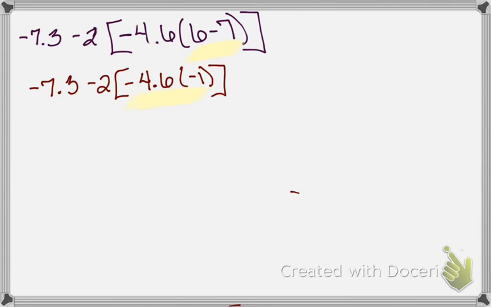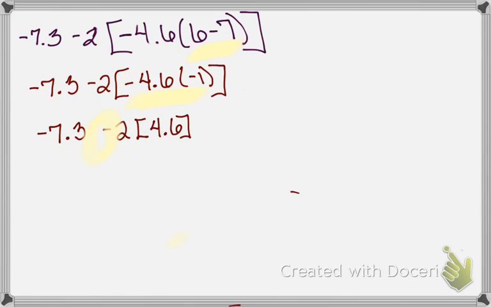Excellent. Okay? Now I'm going to deal with this grouping symbol. So I have negative 7.3 minus 2. And inside brackets, I've got negative 4.6 times negative 1. Whoops. 4.6. It is positive 4.6. Thank you. So I have negative 7.3, negative 2 times positive 4.6. Now, I want you to look right here.